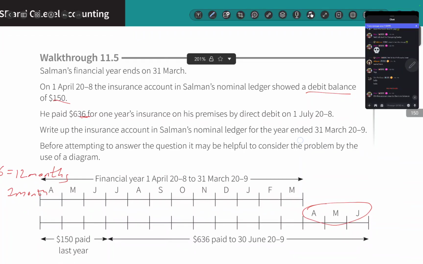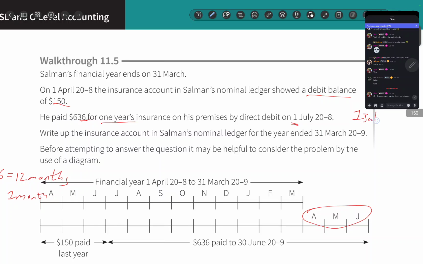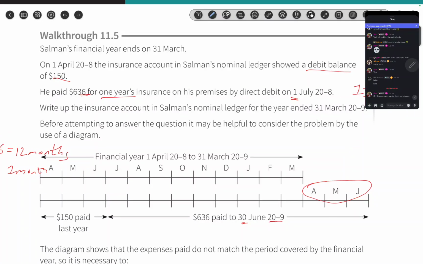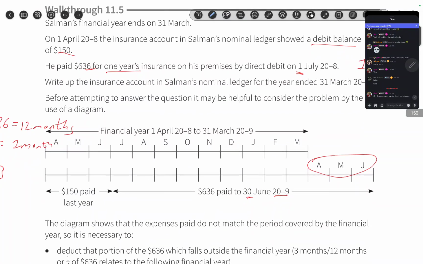You see, on 1 July 2008, he paid for 1 year. So he paid all the way up to 1 July 2009, and you can see it over here. He paid up to 30 June 2009, which is one day before 1 July 2009. Okay, he paid up to that date, and our year is ending on 31st March 2009.